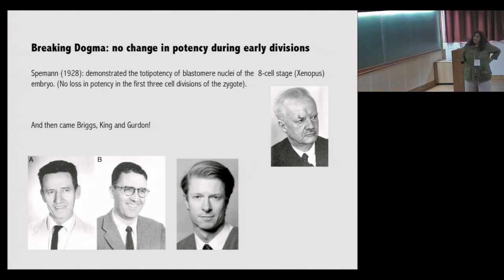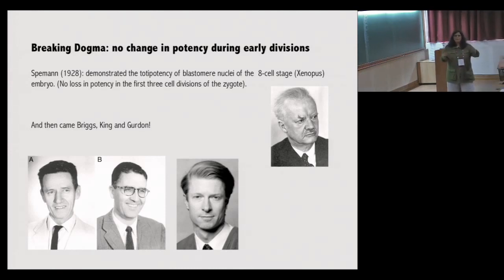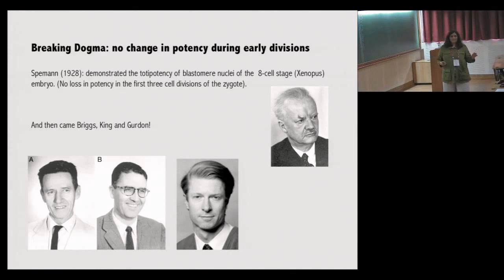Hans Spemann, who's famous for something you'll hear about tomorrow, was one of the first people to show that if I look at an animal as it goes from 1 cell to 2 cell to 4 cell to 8 cell, each of those 8 cells can become every cell in the body, right? So it's not just the founding zygote that's capable of giving rise to all cells, but every cell in the 8 cell stage embryo that can also do this. But he argued that really only the early divisions maintain that potency.